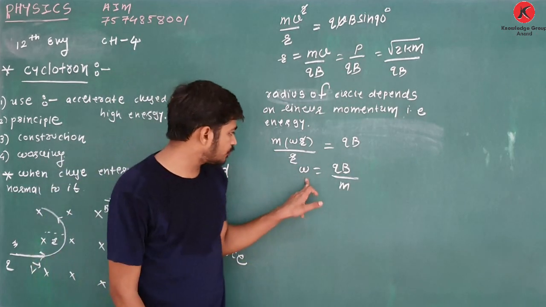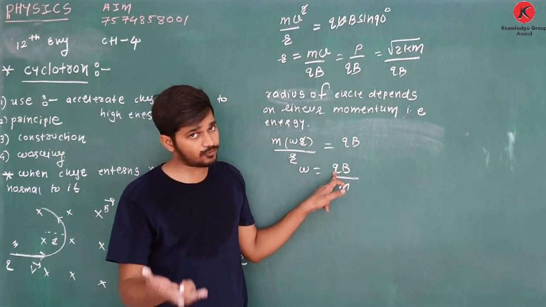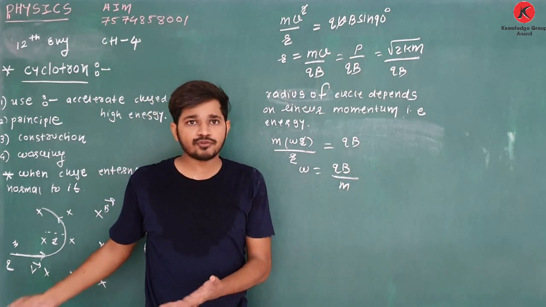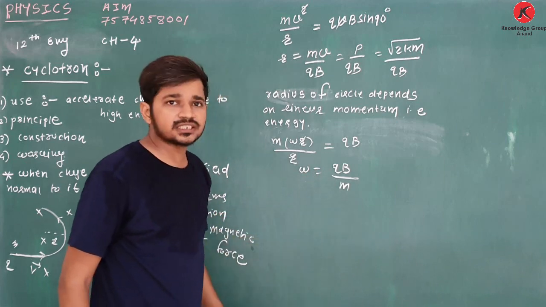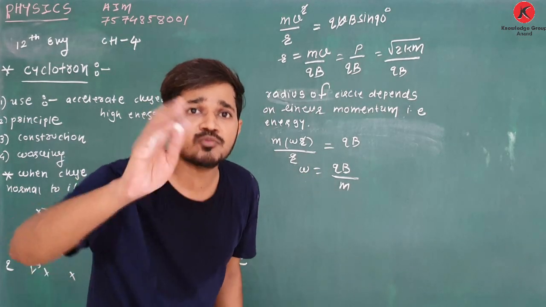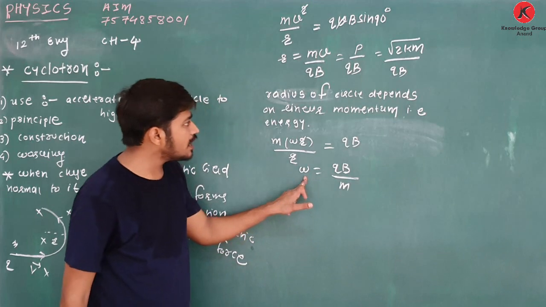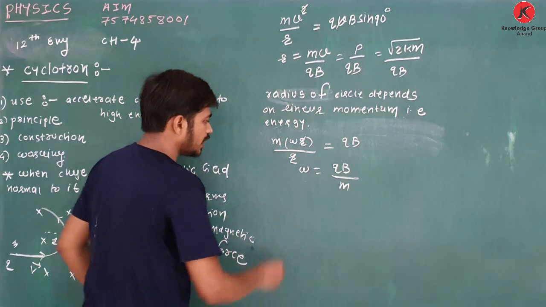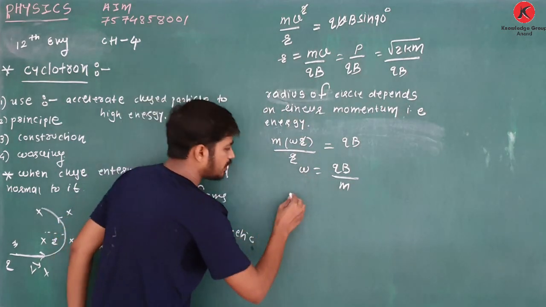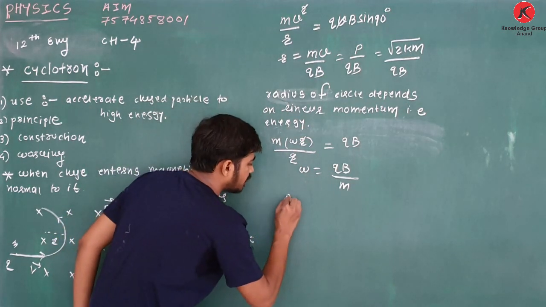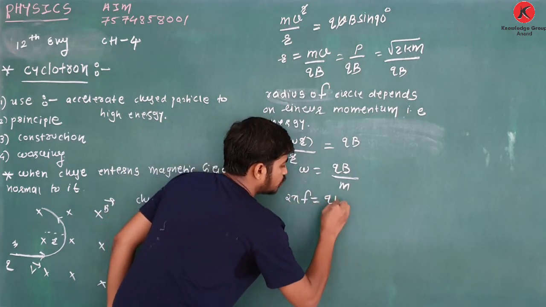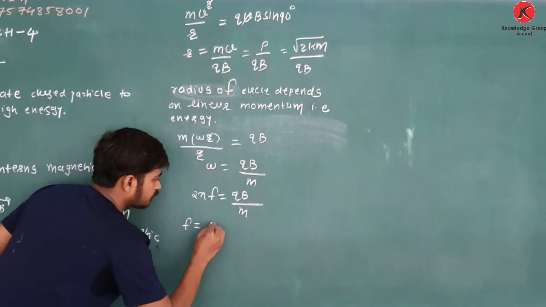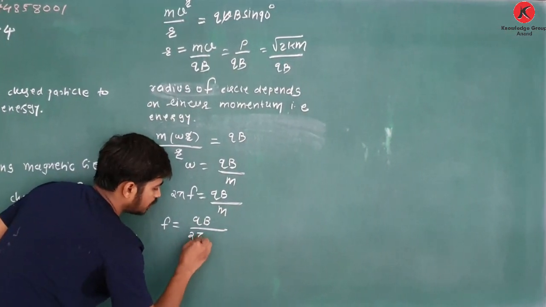See, the charge of the particle always remains constant, the mass m always remains constant, and the magnetic field B is uniform. This means the angular frequency omega is not dependent on linear momentum or energy. If I simplify, omega is equal to 2 pi f, so 2 pi f is equal to qB upon m. Then f is equal to qB upon 2 pi m.